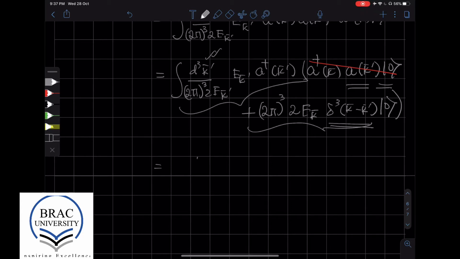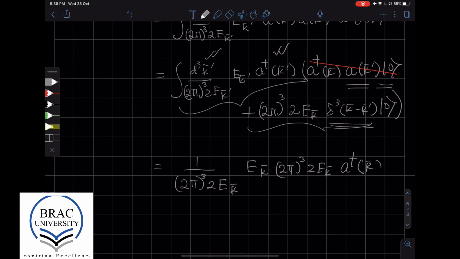Therefore we get (2 pi) cubed 2 E_k, and then we have E_k, and another factor of 2 E_k, and then we have a dagger, whose argument now just becomes k, acting on the vacuum.